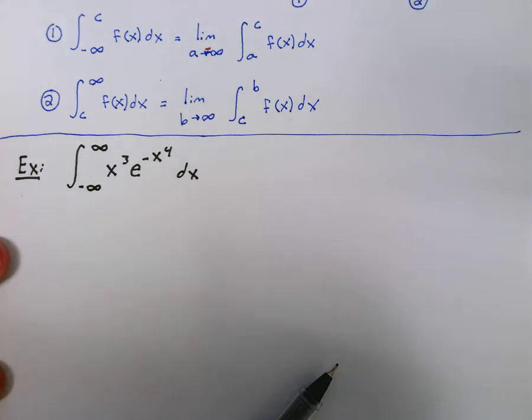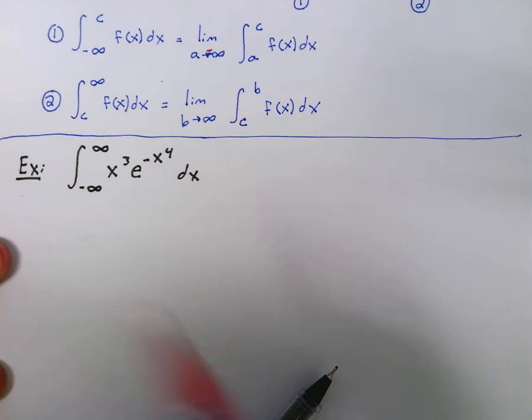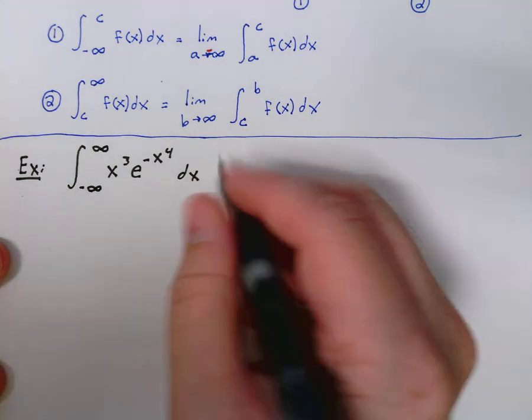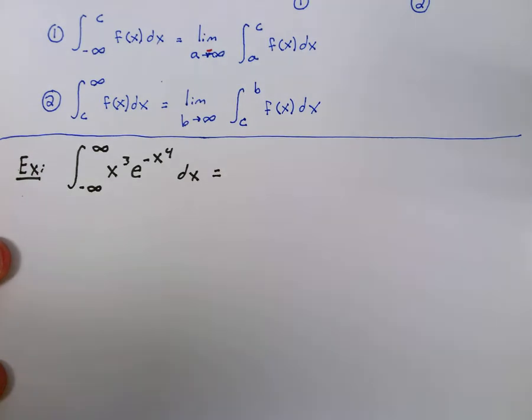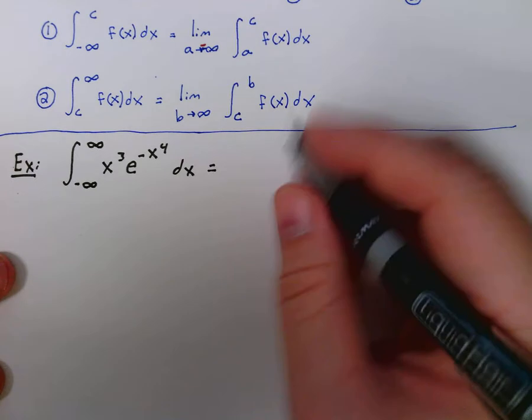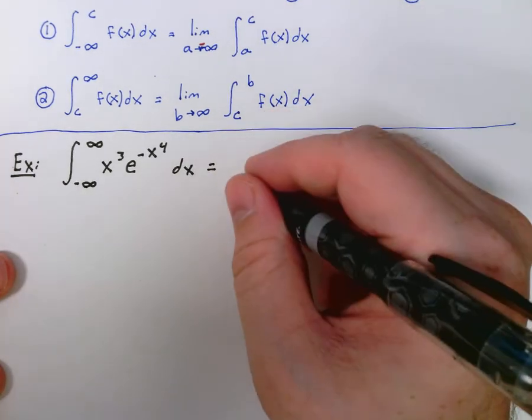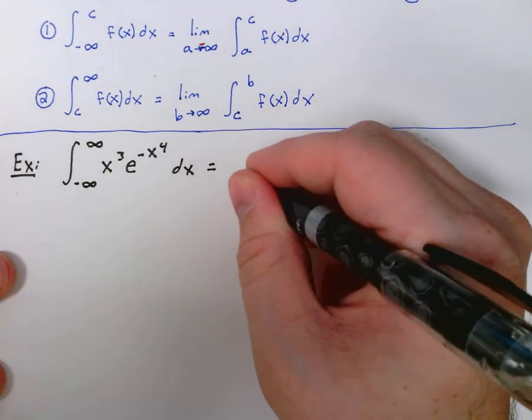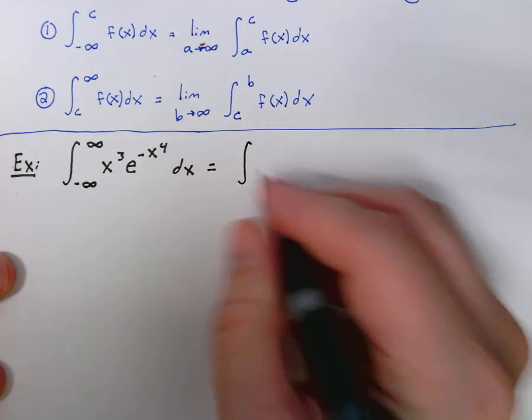On this test, you want to be able to recognize whether you're using integration by parts, u substitution, etc. In this case, I'm going to pick 0 simply because 0 is an easy number to work with. I could have picked 1, could have picked 1,000. Doesn't actually affect the problem.